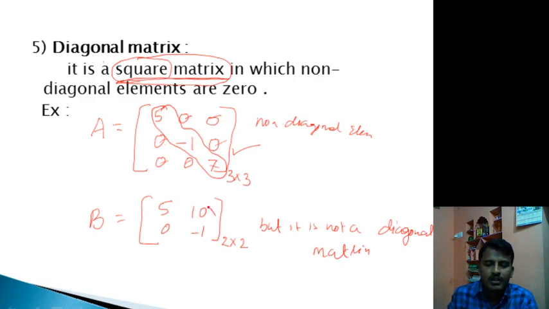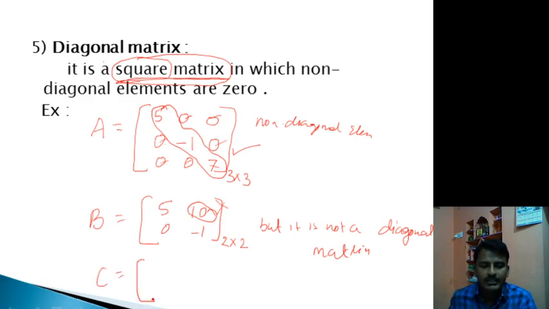Because the non-diagonal element does not contain 0. It contains some other element, the element 10. The definition states that all non-diagonal elements are 0, but here a non-diagonal element is not equal to 0. That's why it is a square matrix, but it is not a diagonal matrix.